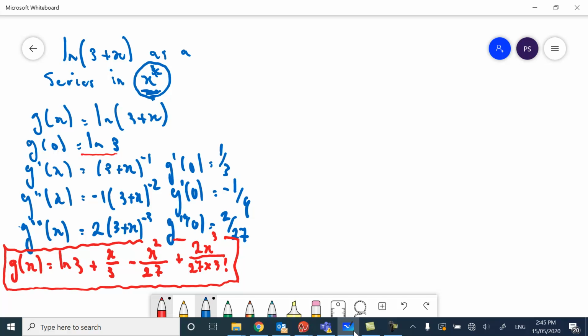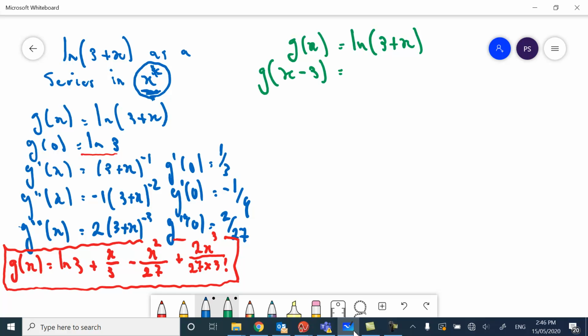The way I'm going to do this, to use the Taylor series, is I'll let g of x equal ln(3 plus x). And then what I'm going to do is go g of x minus 3, which will give me ln x.